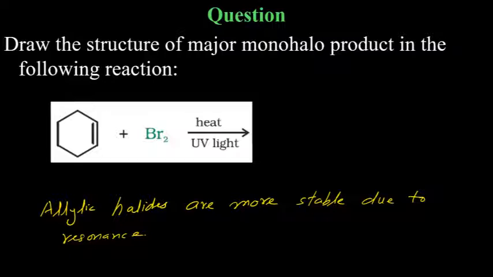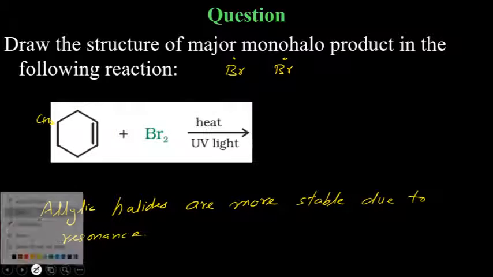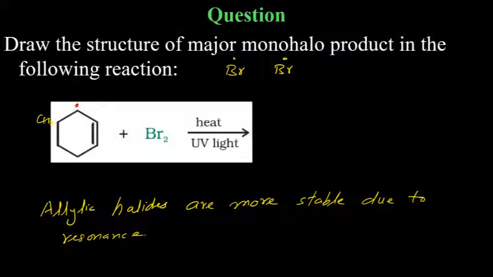So what happens? This reaction actually proceeds through free radical formation. Bromine gets converted to a bromine free radical, and one hydrogen breaks from here, this is CH2 basically. Here you have CH2, CH2. One hydrogen breaks from here and a free radical is produced here.